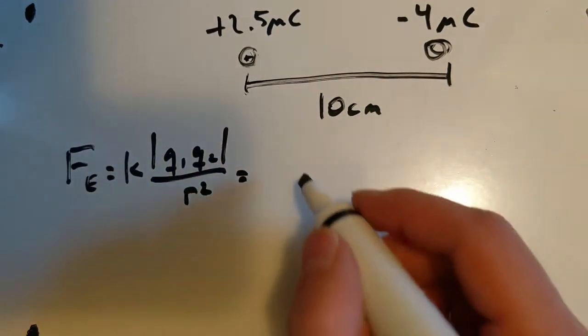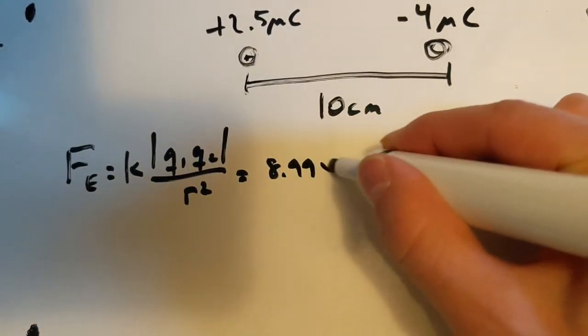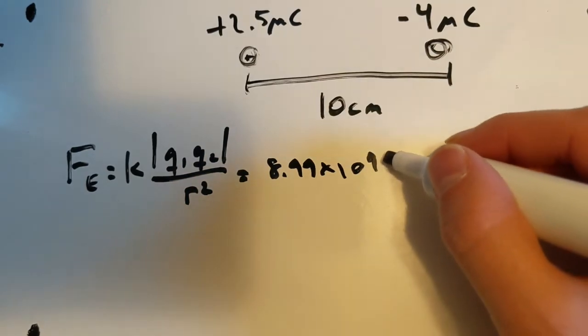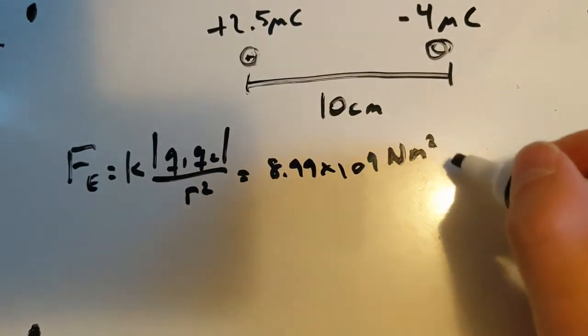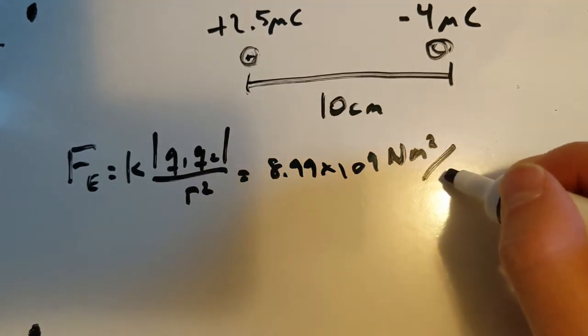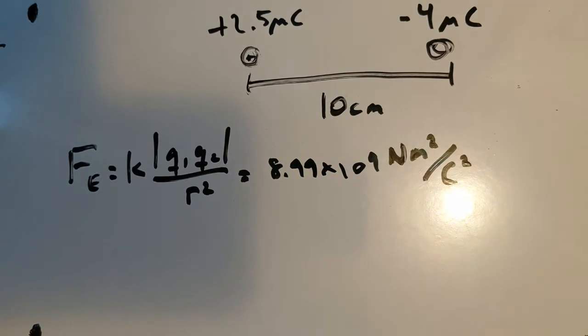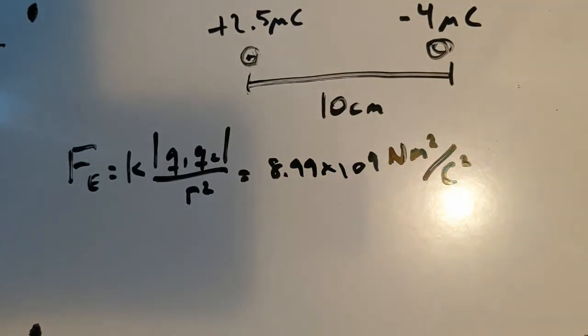K is equal to 8.99 times 10 to the 9th, and the units on K are newtons meters squared per coulomb squared. The reason we have those units is so that in the end we're just left with newtons, which is the unit of force.